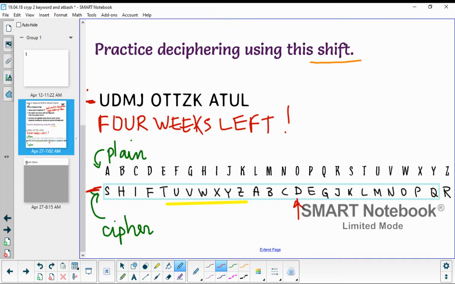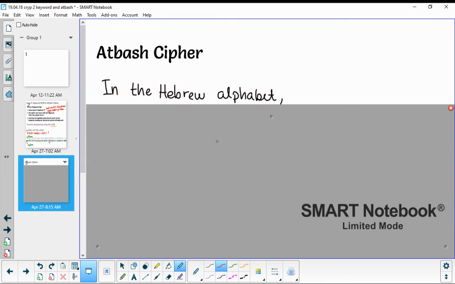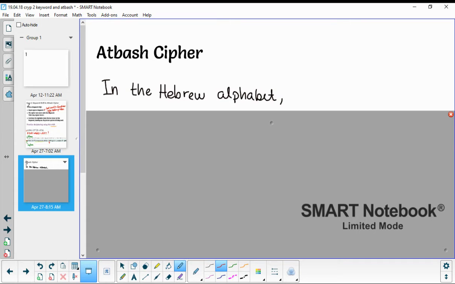Okay, so that's a keyword shift. Next, we're going to do Atbash. Atbash actually comes from the Hebrew alphabet, or the idea comes from the Hebrew alphabet, the name.